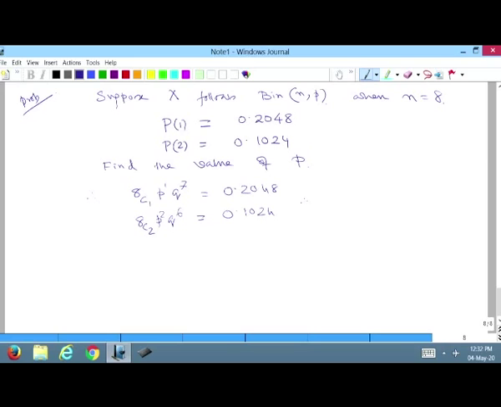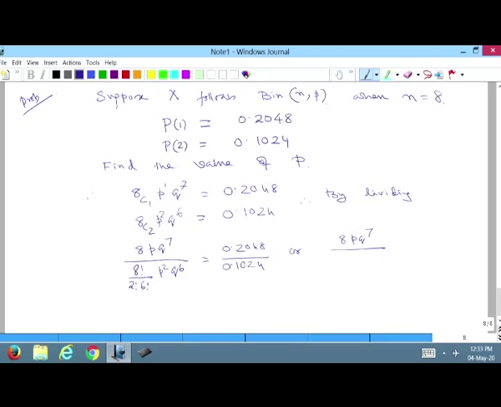Probability of 2 is equal to 8C2 p square q to the power 6 is equal to 0.1024. Therefore, by dividing, we have 8 p q to the power 7 upon 8C2, which is factorial 8 upon factorial 2 factorial 6 p square q to the power 6, is equal to 0.2048 divided by 0.1024, or 8 p q to the power 7 divided by factorial 8 upon factorial 6.